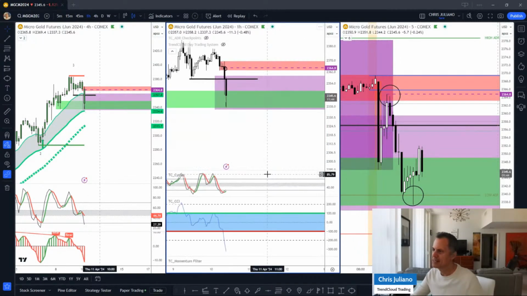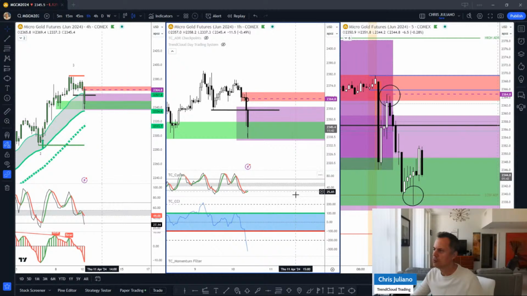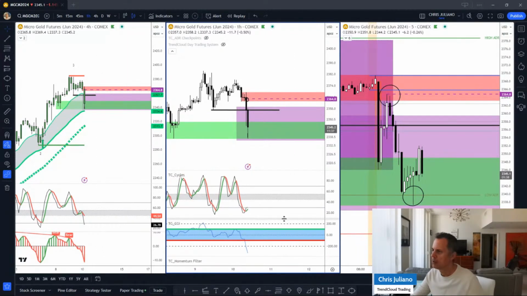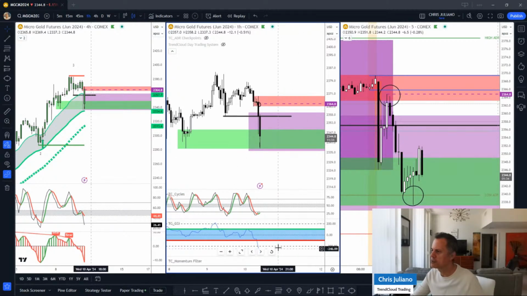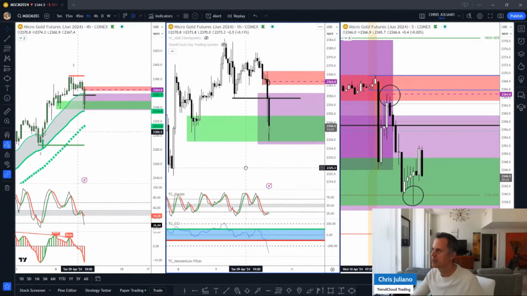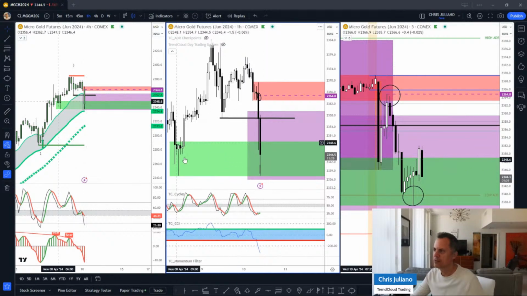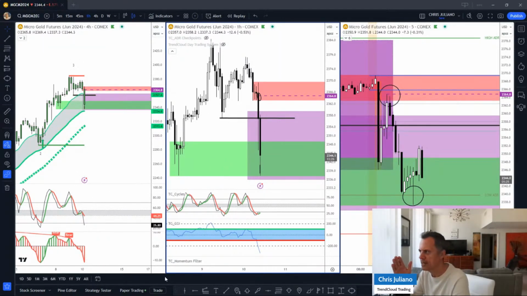You are actually getting to see right now what all this stuff looks like step by step. This is what TrendCloud is built for, showing you step by step price action.